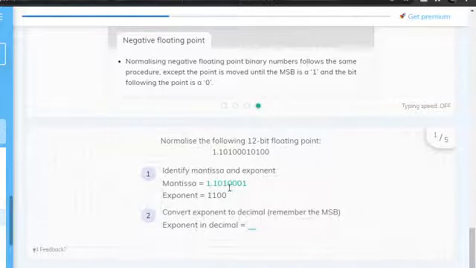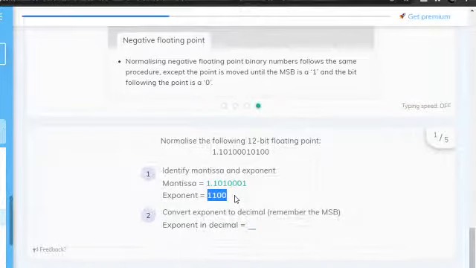Wait, 1, 2, 3, 4, 5, 6, 7, 8. That is there, so that's 4. Remembering the... There's no way you're asking for a quarter. Well, there's no way it's anything else. Convert the exponent into decimal. 4. It's 4.